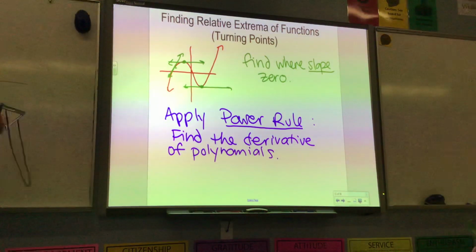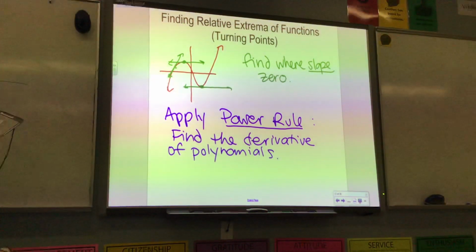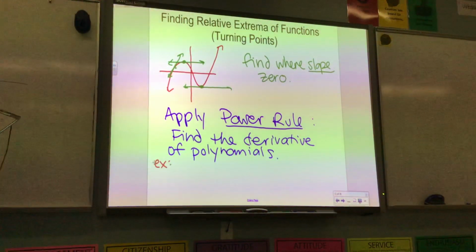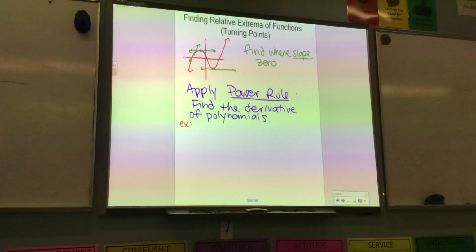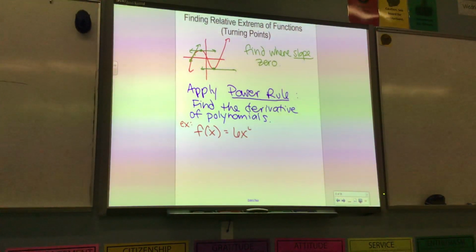The way that we do this, and this is easier to show you through an example than through words, because it gets real wordy and ugly. I'm going to make up a whole bunch of numbers. Let's see, 6x to the 4th plus 3x cubed minus 7x squared plus 1.